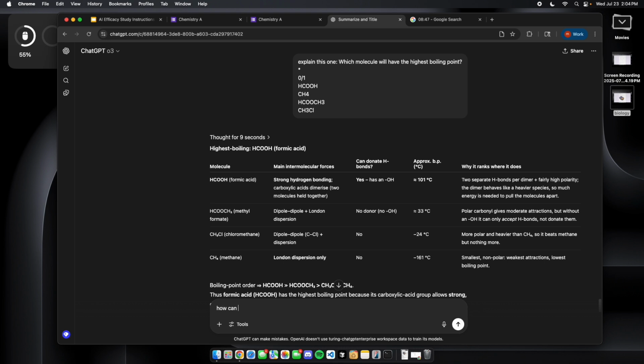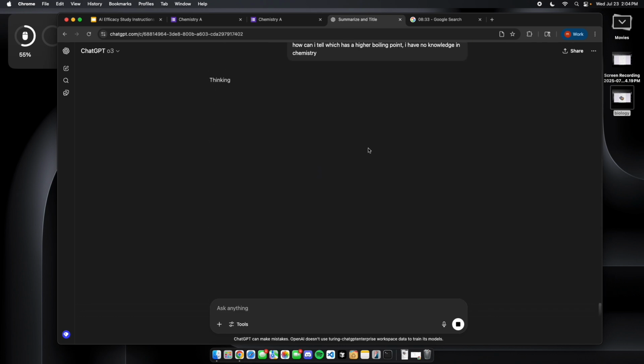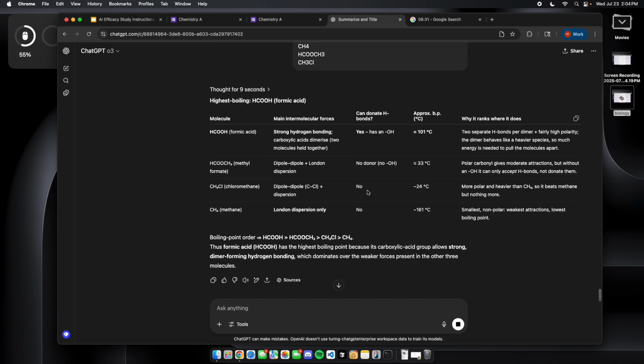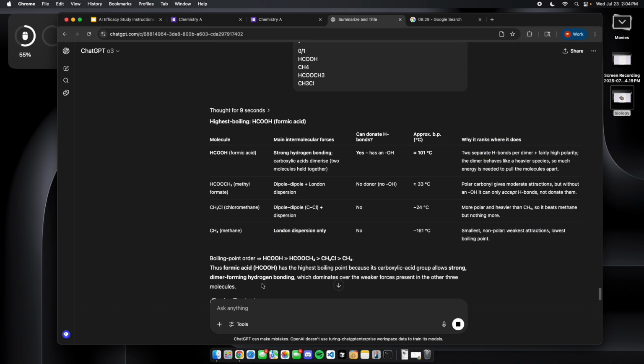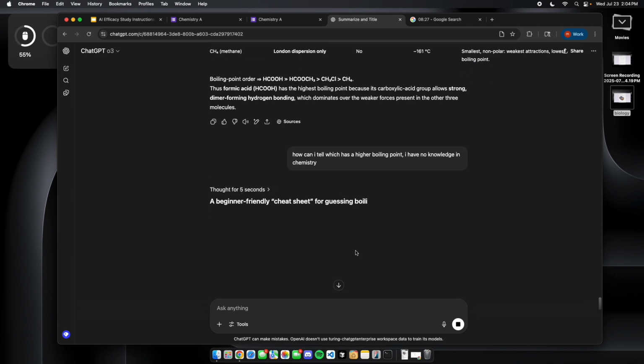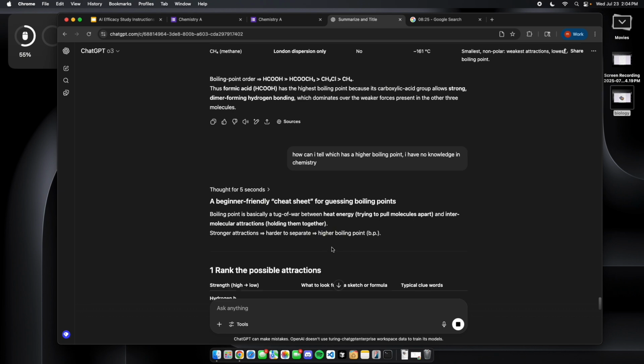How can I tell which has a higher? Well, I have no. I can't understand this because I don't know anything about chemistry, so a simple answer like that doesn't make any sense to me.